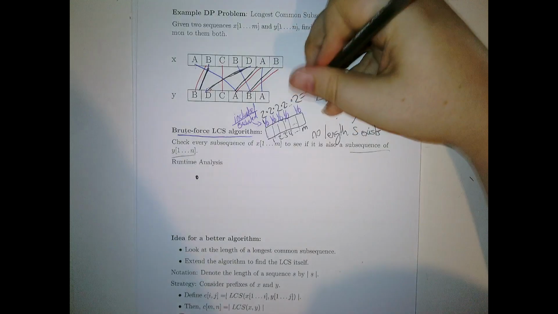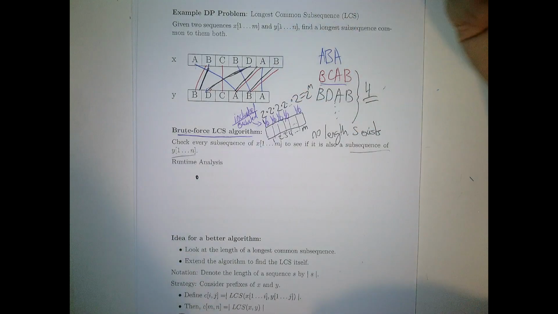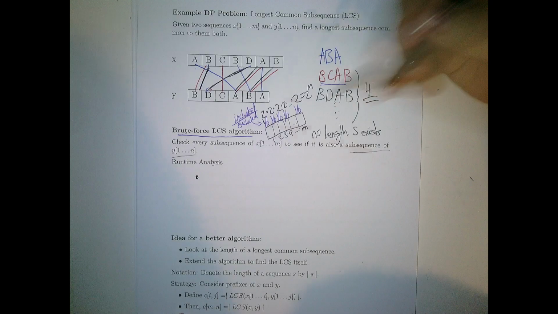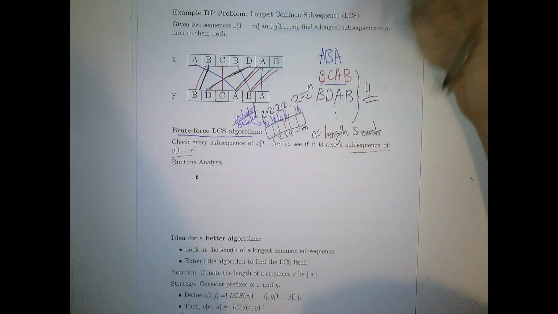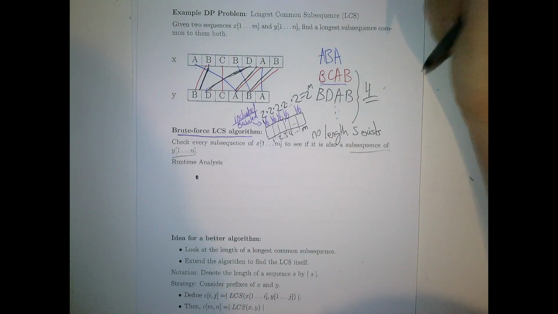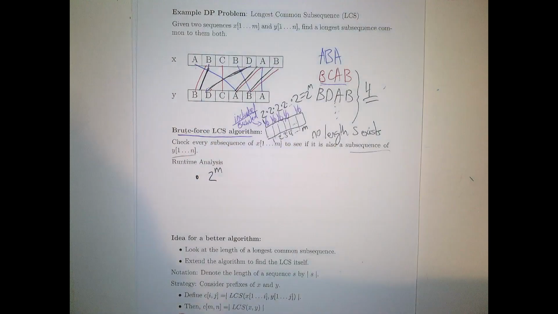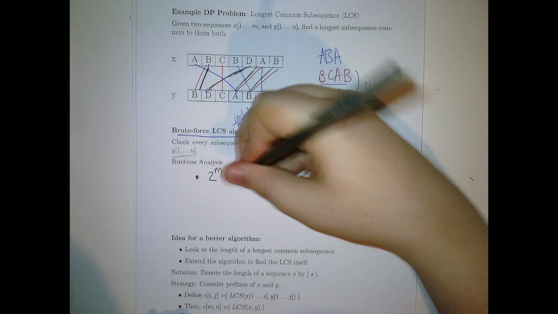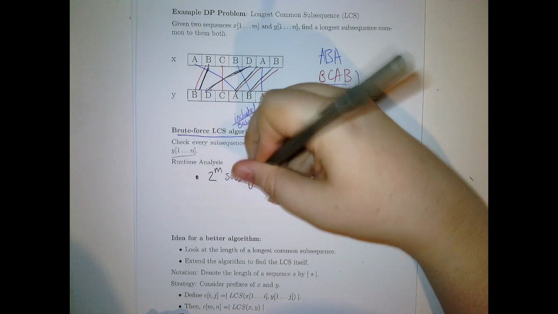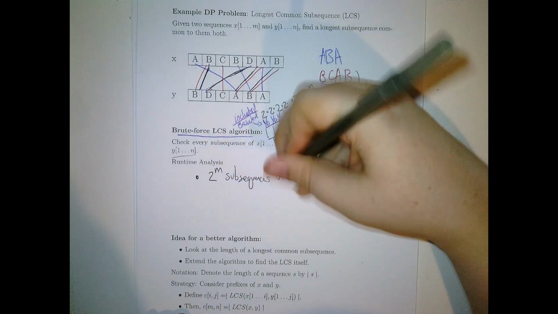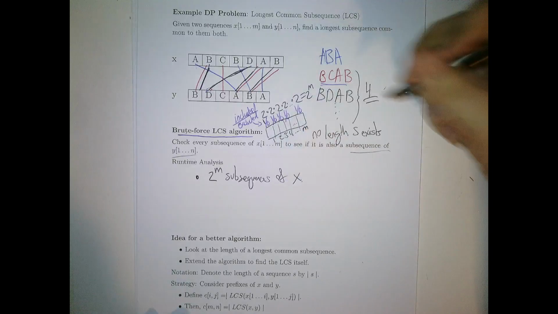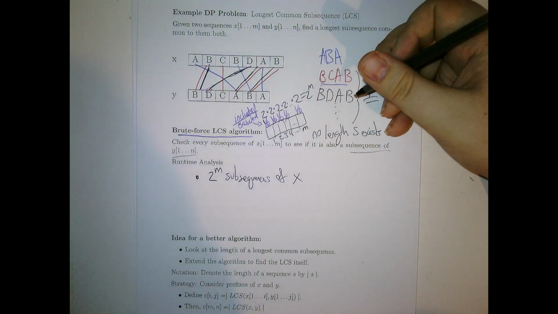And so you have 2 to the M possible combinations, essentially permutations of choices. So this would give you 2 to the M subsequences of X, right? 2 to the M subsequences exist.